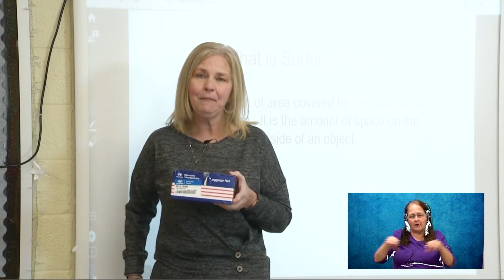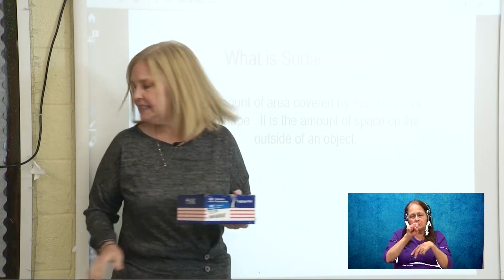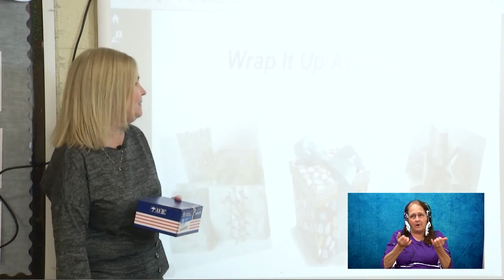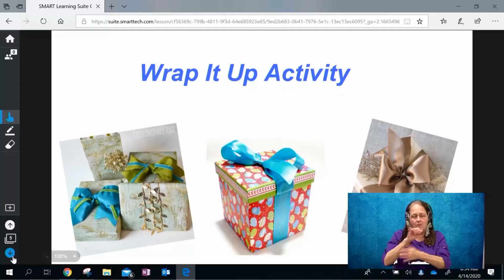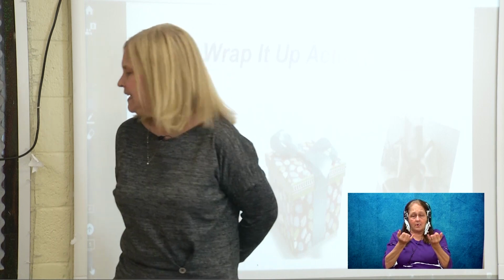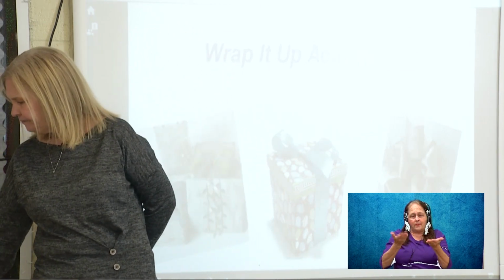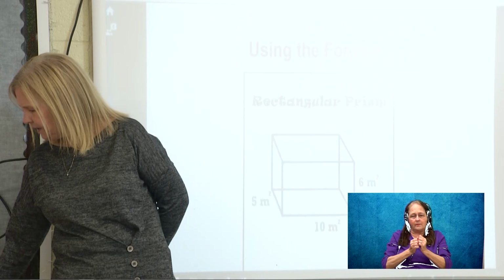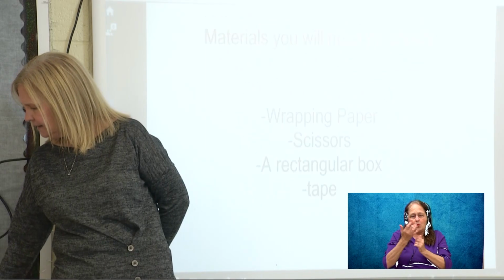Speaking of wrapping gifts, that leads us to our activity for today. Like I said, this is one of my favorite activities, and if any of my students are watching, we would have done this individually in class and all wrapped our own gift. My suggestion to you is, if you are watching this now, you might want to get some materials together. Just one second.